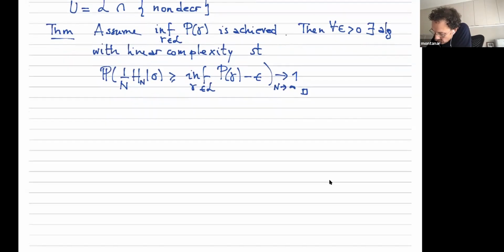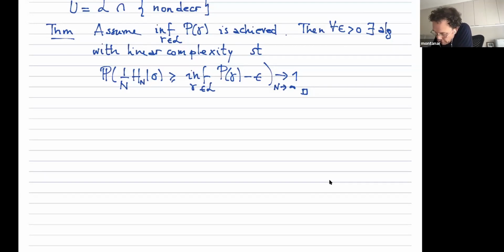Okay, so this says that it's a class of algorithms that achieves a value of energy that is given by a formula very similar to Parisi's formula, except that the infimum is over a larger set.